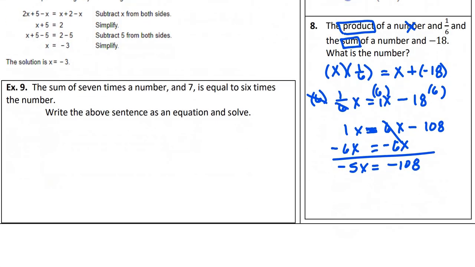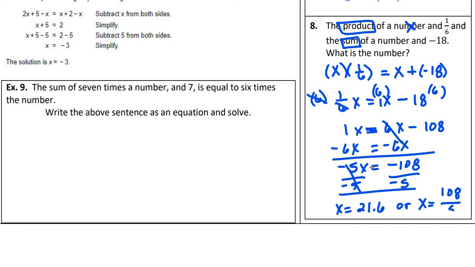So when I divide both sides by -5, the coefficient of the variable, I will come up with x equals a positive 21.6, or you may see it as x equals 108 divided by 5. Either way is perfectly fine.